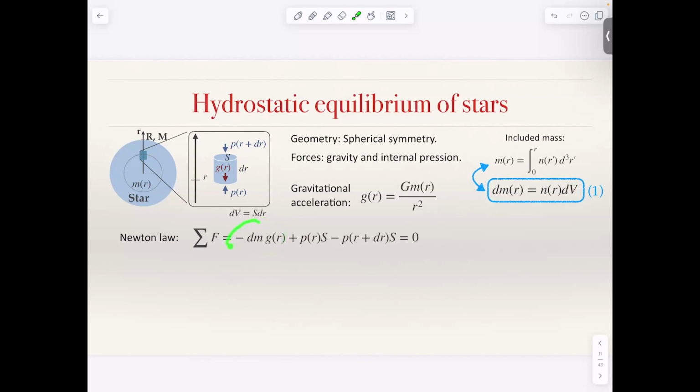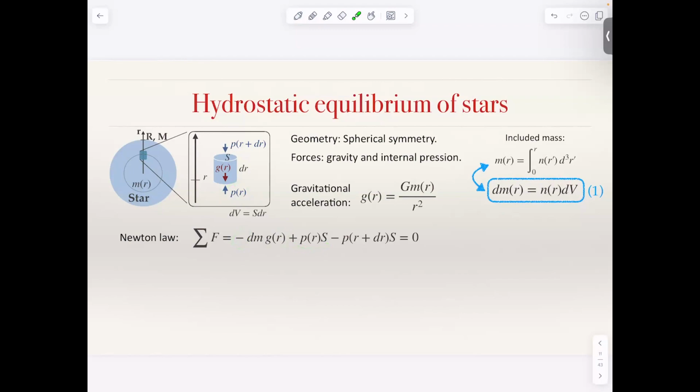So the sum of all the forces are, first, the weight of my volume. Okay, so this is dm, which is my unit mass, times this gravitational acceleration. So this is a force, and the force is directed to the bottom, so I put a minus sign. Okay, and then I have the force due to the pressure at r. The force is just the pressure times the surface.